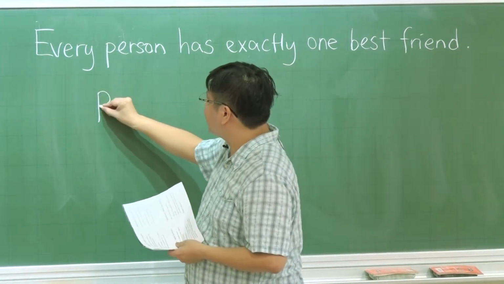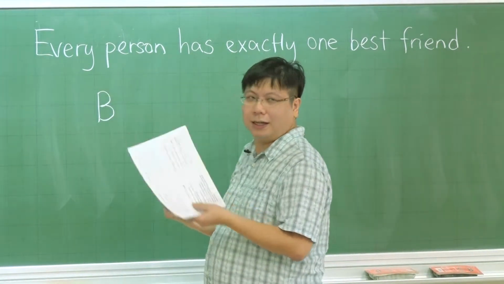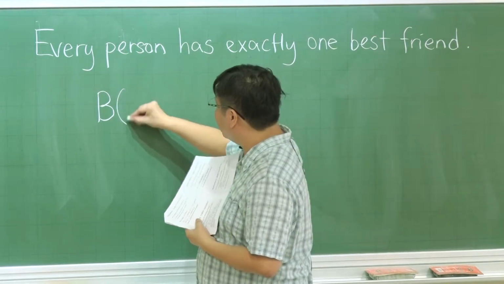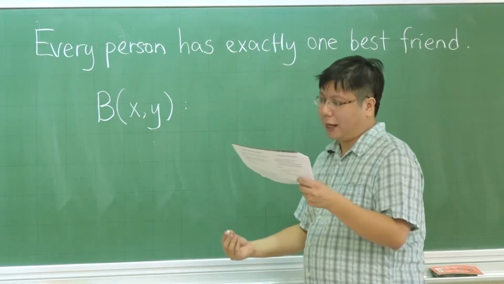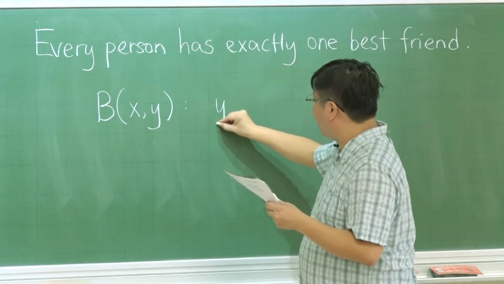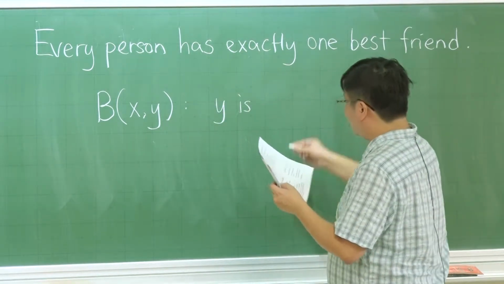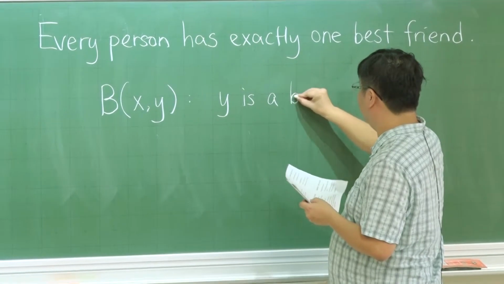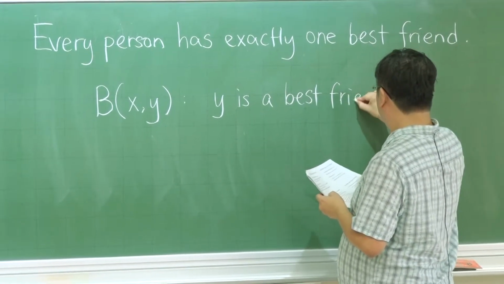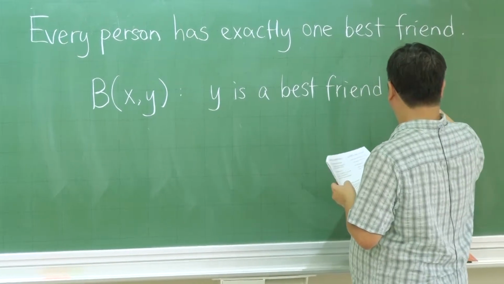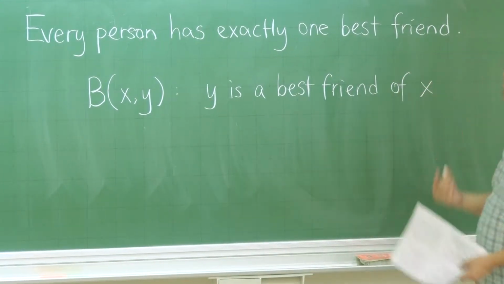So suppose that I give you a propositional function Bxy such that it says y is a best friend of x. Okay.